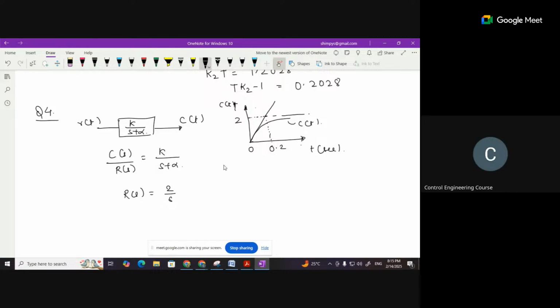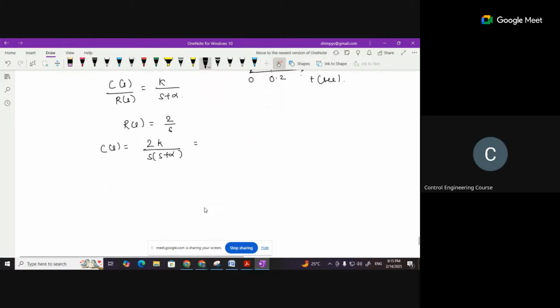It responds to a step input shown in the figure. So the step input here has a magnitude of 2, right? So now what is my C(s)? R(s) is 2 by s, so 2K by s into (s plus alpha). I have to solve it using partial fraction expansion.